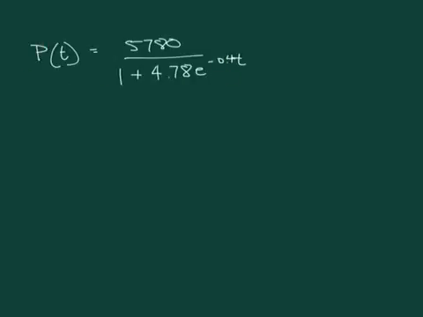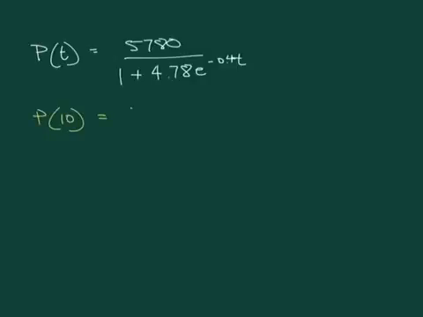I don't really care about the rest of it there. Using a calculator, we compute the function values. In year 0, they just got shipwrecked, so there are 1,000 people there. What happens after, say, 10 years?